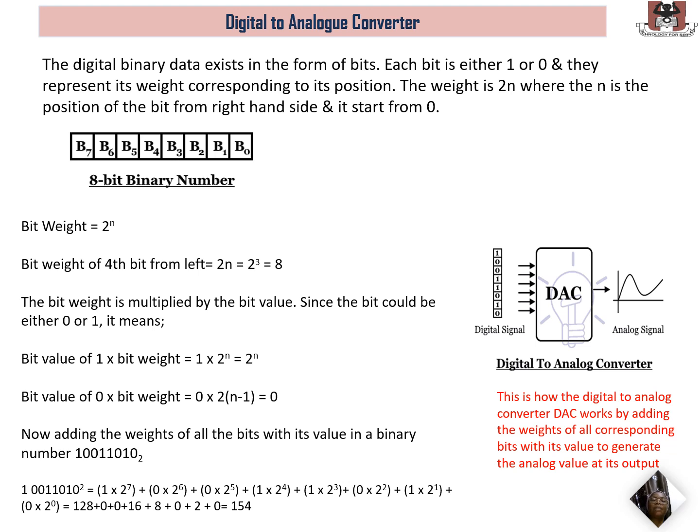As represented here, the digital binary digits will always exist in bits. Like we keep saying, the bits are ones or zeros, and they represent a weight corresponding to each position. The weight is always 2 raised to power n, where n is the position of the bit from the right-hand side, starting from 0.